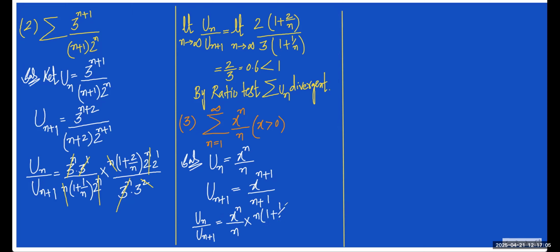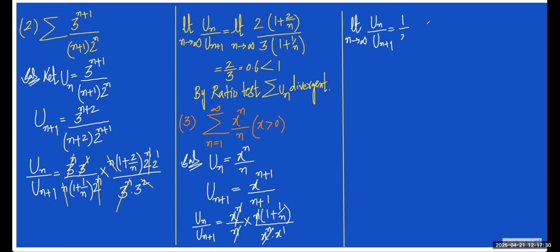X power n into x power 1. We split the terms. X power n, x power n, n and n cancel. Apply the limit n tends to infinity on both sides. Limit n tends to infinity un by un plus 1 is equal to 1 by x.